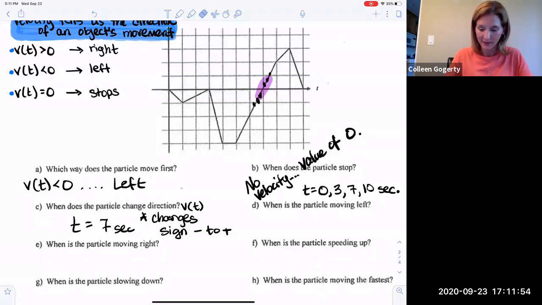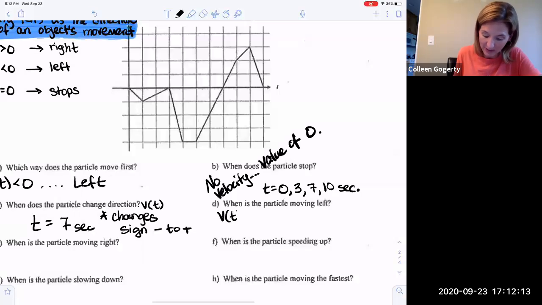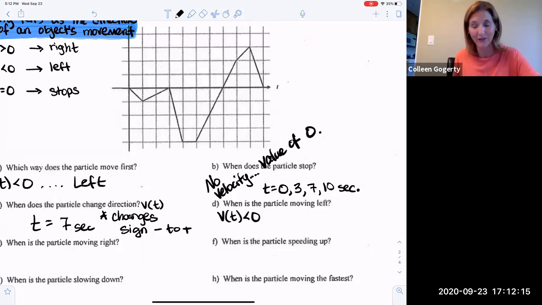All right, moving on. How are you doing so far? When is the particle moving left? Left on our graph would be negative values, so the velocity has to have negative numbers. I need v of t to be negative.